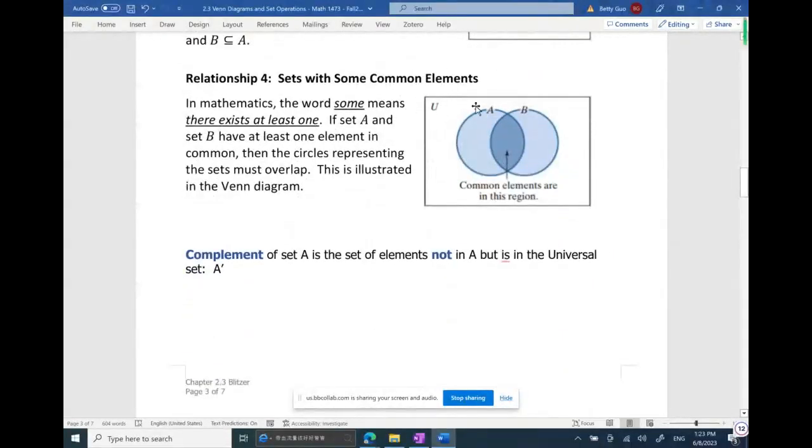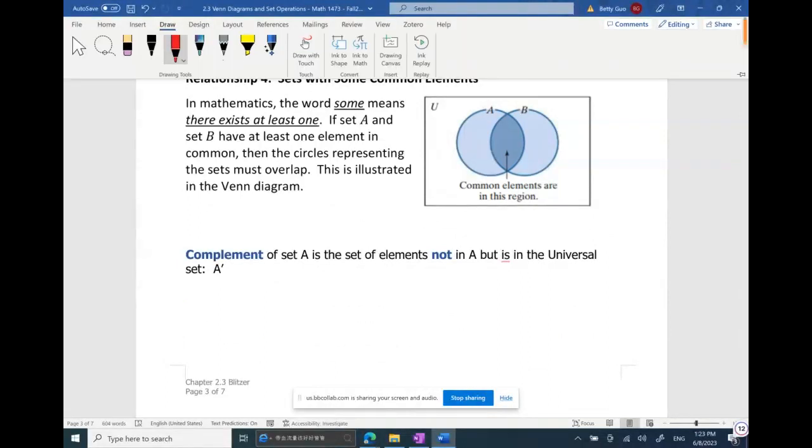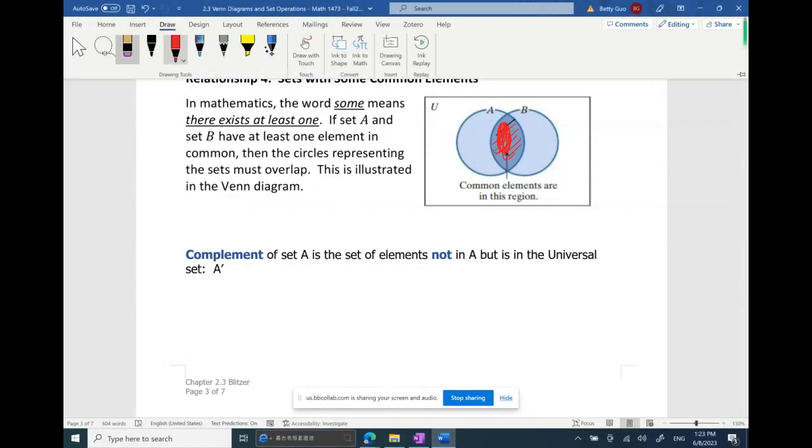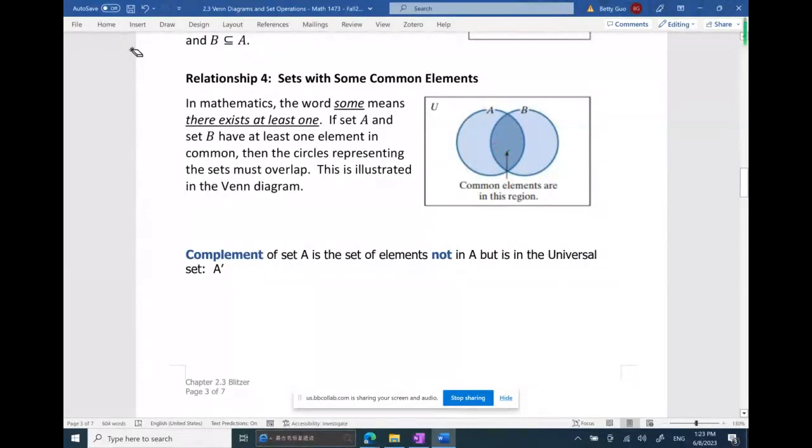In this Venn diagram, circle A and circle B overlap, and the dark region contains the common elements of A and B. When A and B are overlapping, they are not disjoint.